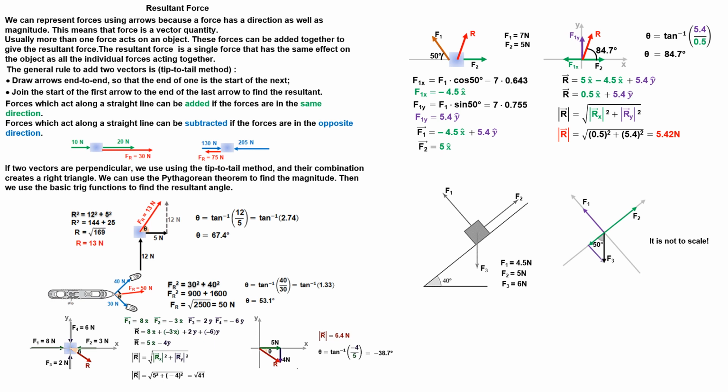Since we know the magnitude of the force 3 and an angle on the triangle, we can use basic trigonometry to calculate the vertical and horizontal components. We write the force 3 in component form.